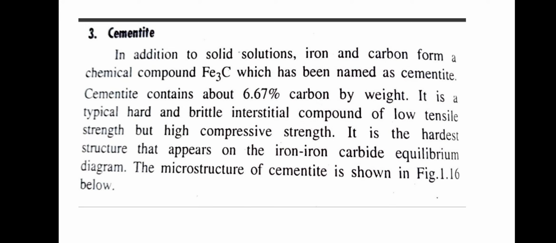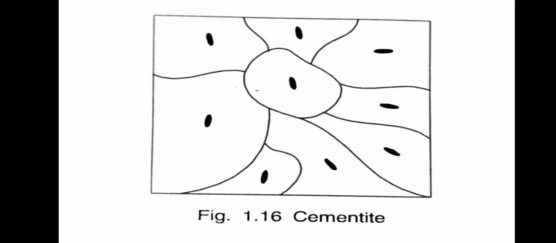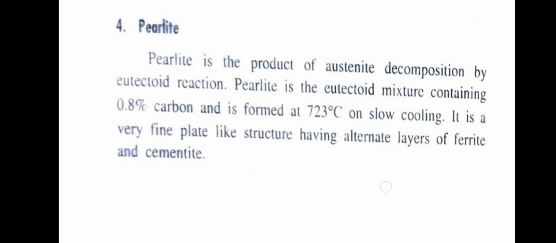Because the carbon content becomes more, it becomes cast iron, which is more brittle compared to steel. So it loses its tensile properties and possesses very high compressive strength. It is the hardest structure that appears on the iron carbide equilibrium diagram. The cementite microstructure is shown below, where the dots represent iron carbide, Fe3C.